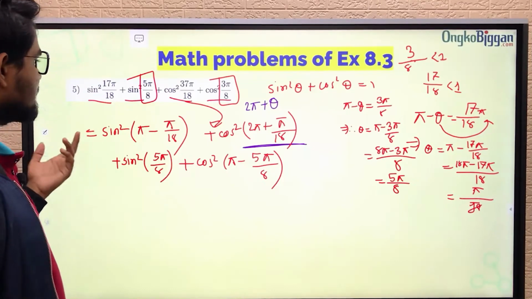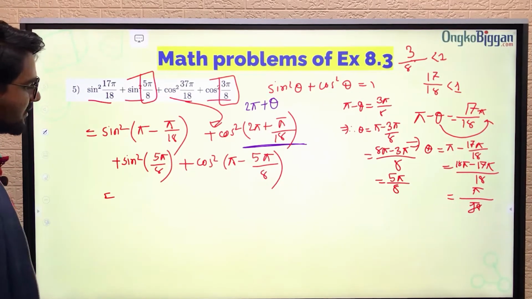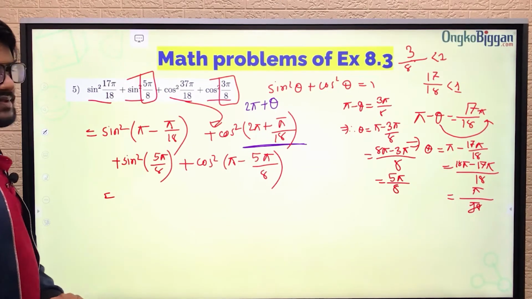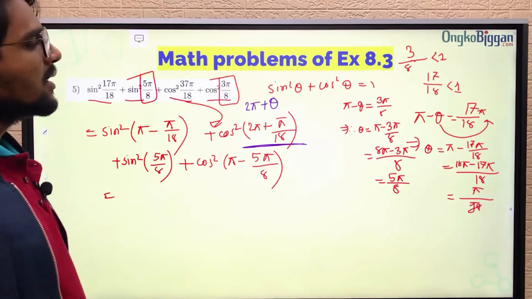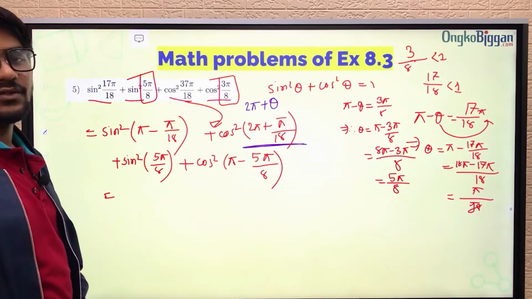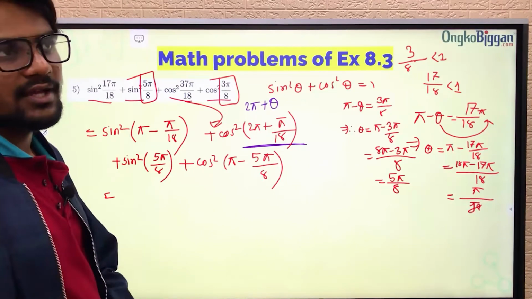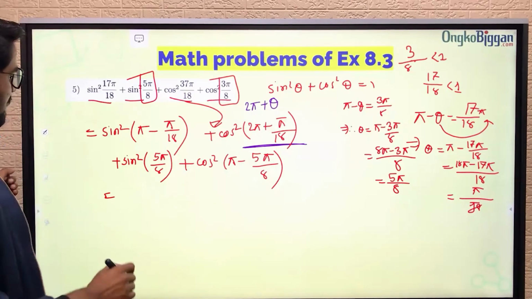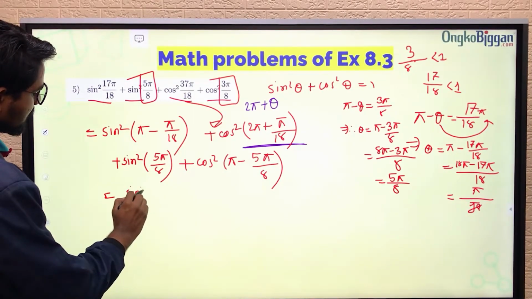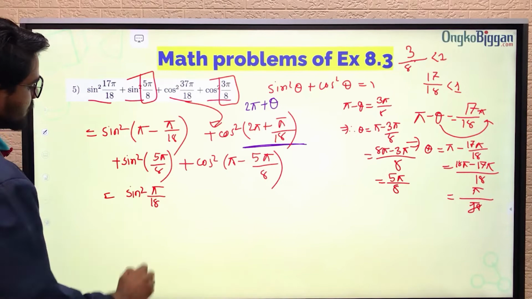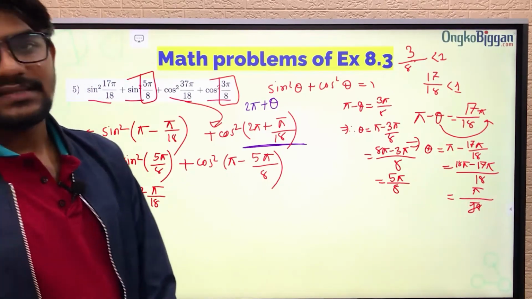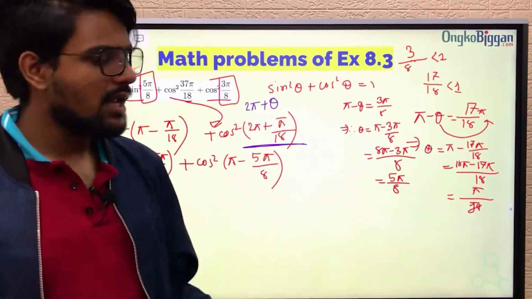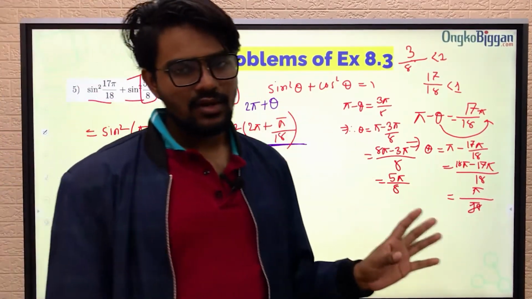So now we are going to convert this into an acute angle, that is in terms of sin theta and cos theta. So we have here sin square pi minus pi by 18, and since there is a square here, we don't need to think about conversion of signs. That is, we don't need to think about whether there will be a minus or not, or whether it will be a positive value or not. So you can directly write it as sin square pi by 18, because we know that sin pi minus theta is equal to sin theta, because pi minus theta is in the second quadrant, and there sin is positive.